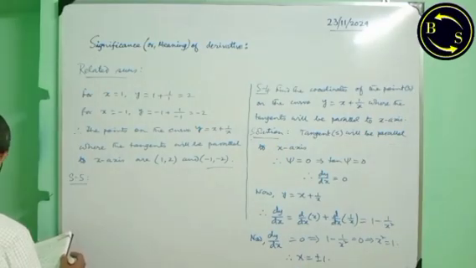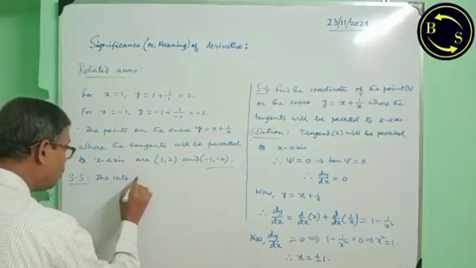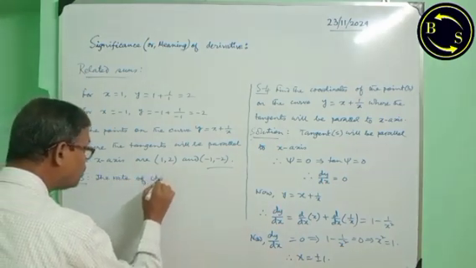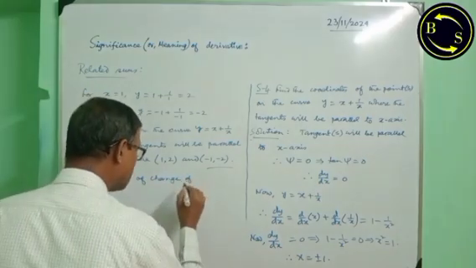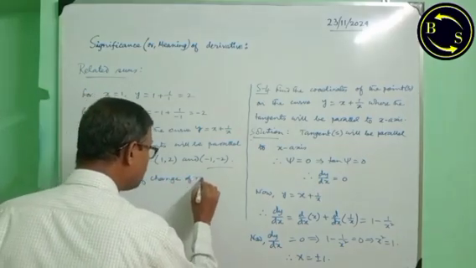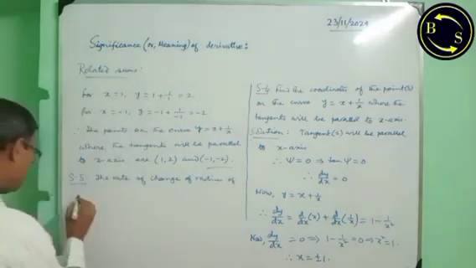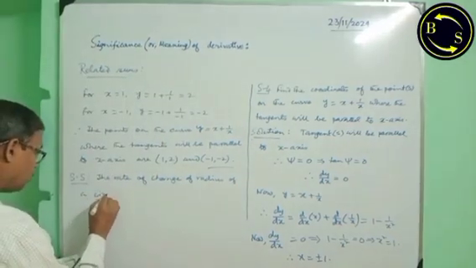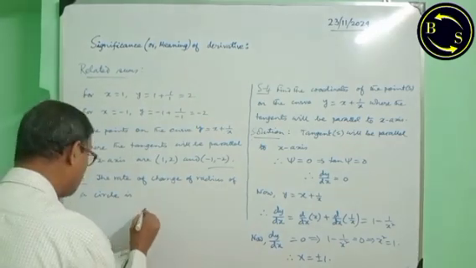The rate of change of the radius of a circle is 1 by pi.